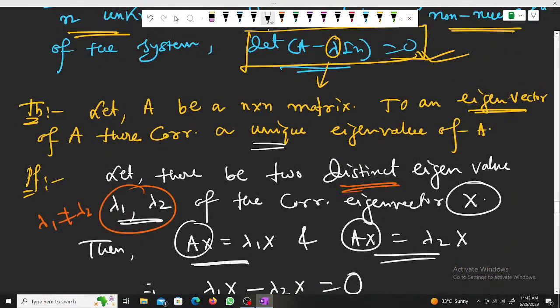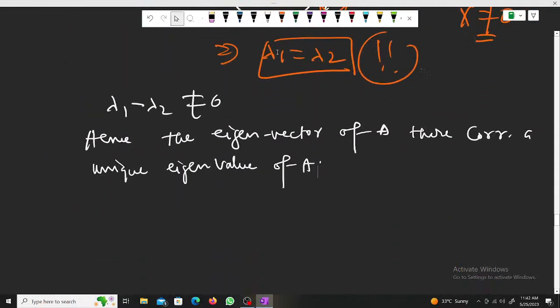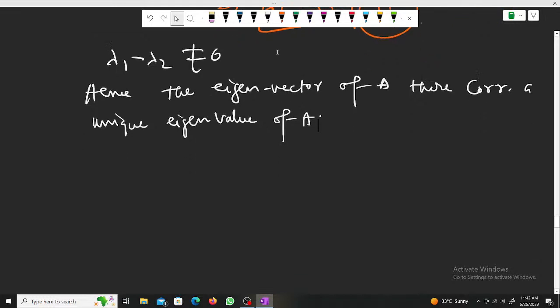Okay, so একটা important একটা রেজাল্ট। অলরাইট, নেক্সট একটা আমরা রেজাল্ট পড়বো.